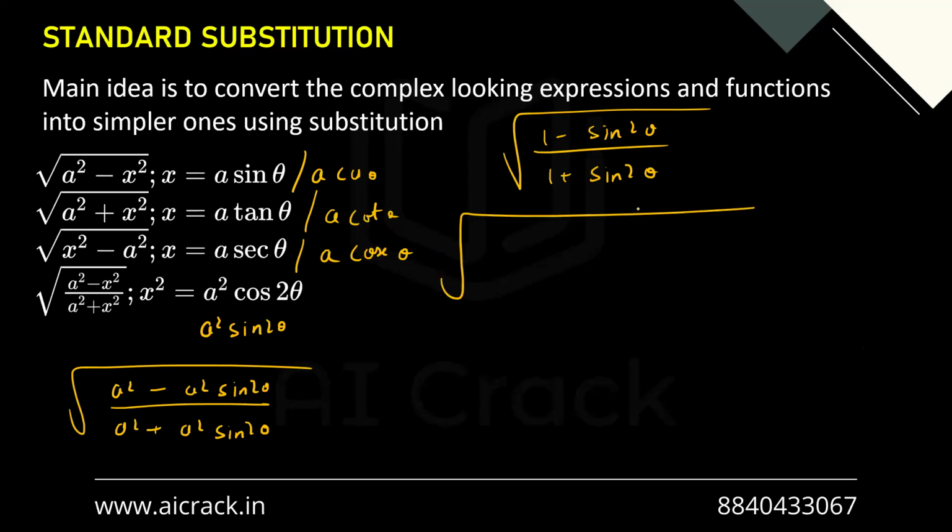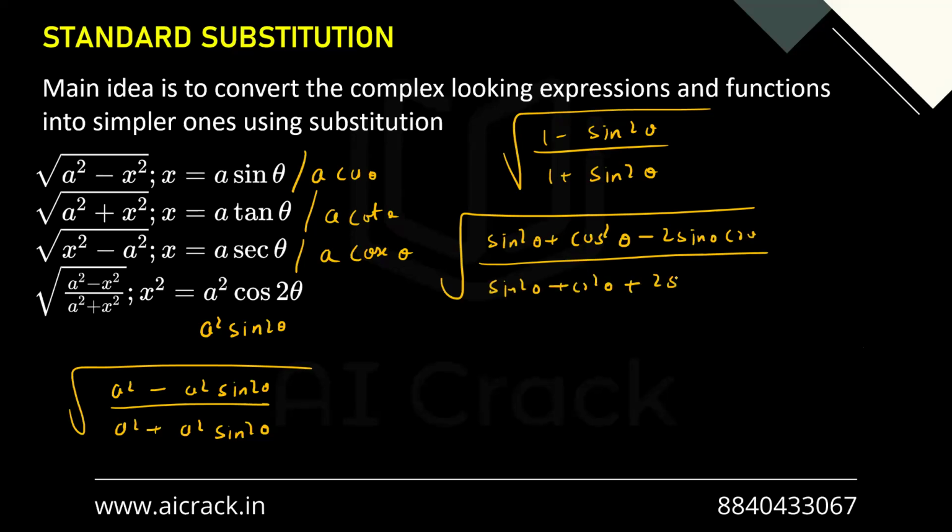Now this can be written as sine square theta plus cos square theta minus 2 sine theta cos theta divided by sine square theta plus cos square theta plus 2 sine theta cos theta, right? So what we have done is we have converted this one as sine square theta plus cos square theta, and sine 2 theta is 2 sine theta cos theta.